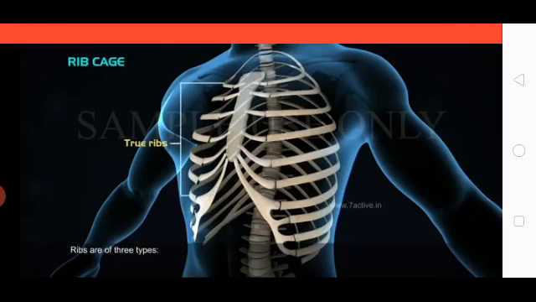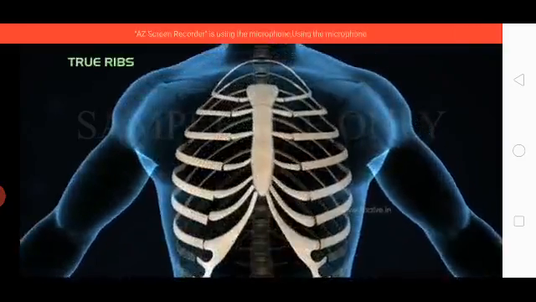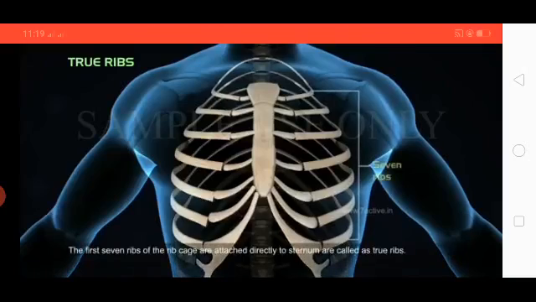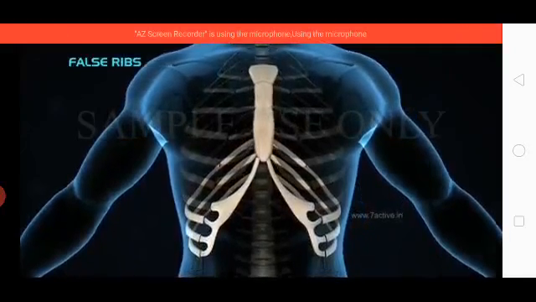1. True ribs. 2. False ribs. 3. Floating ribs. True ribs. The first 7 ribs of the rib cage are attached directly to the sternum and are called true ribs. False ribs.